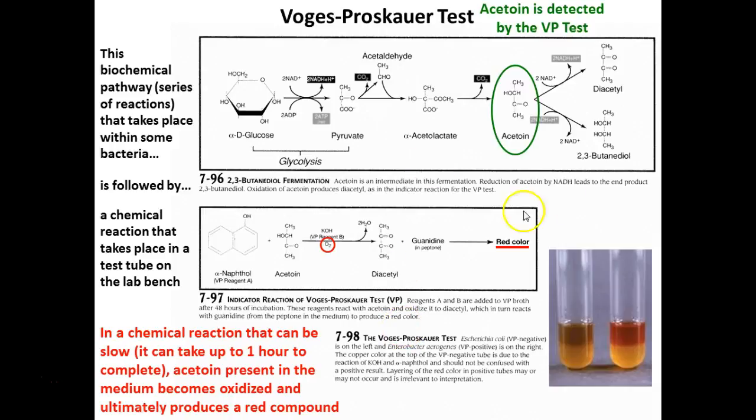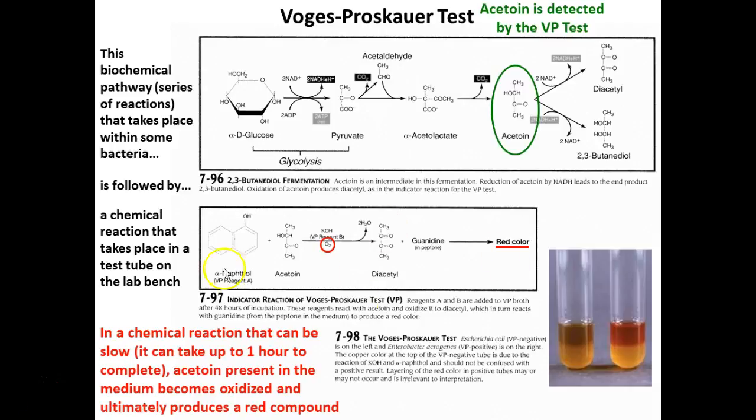It'll form diacetyl, which will bind with the guanidine, which is in the media. And this actually produces a molecule that produces a red color. But this is a chemical reaction, right? So this is why we had to wait, because sometimes chemical reactions take time, especially that enough of that product is produced that we can see it with the naked eye.